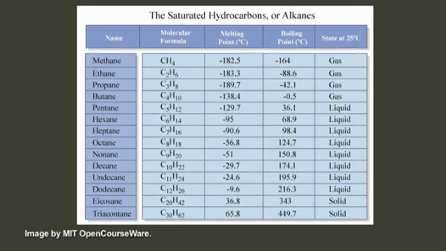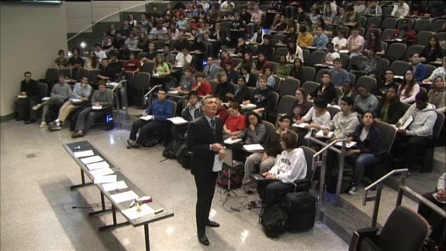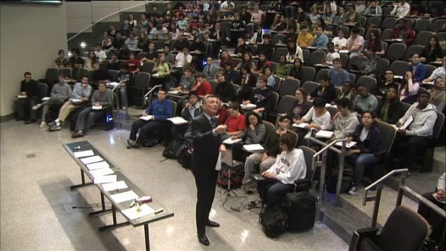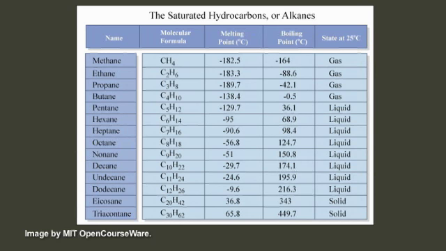What's the other thing to note here? While we've got this up on the chart, you can see that all of these are symmetric molecules and they're nonpolar. They're perfectly symmetric, nonpolar. And what happens as the molecular mass increases, the melting point increases, the boiling point increases, and the state of matter transitions from gas at room temperature to liquid at room temperature to solid at room temperature.